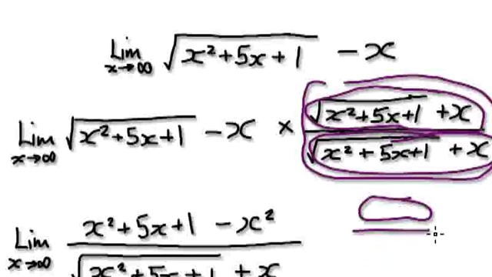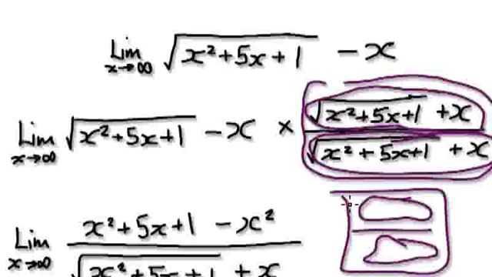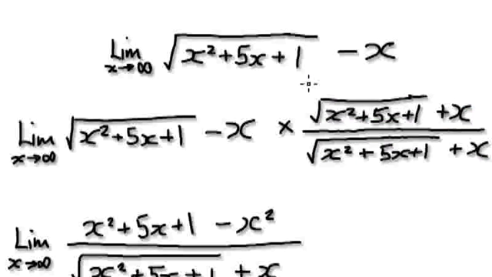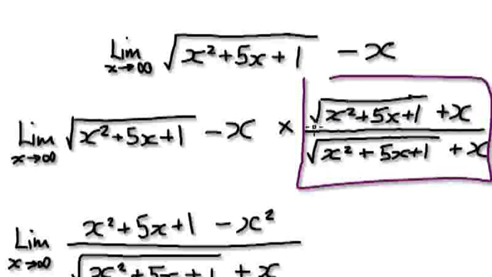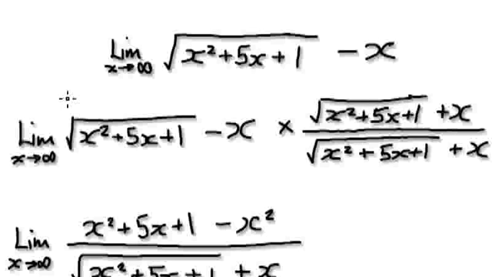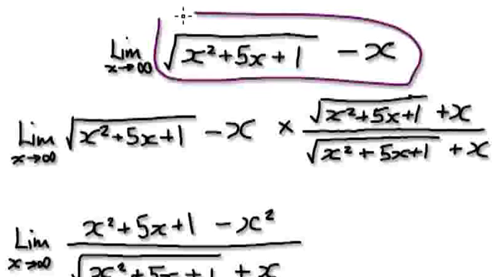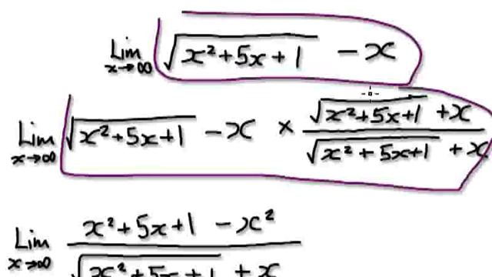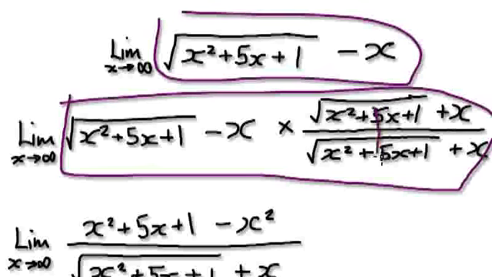So you're pretty much getting this and timesing it by the number one. So it's the same thing. This is exactly the same as this, because all that we're doing is multiplying it by the number 1.